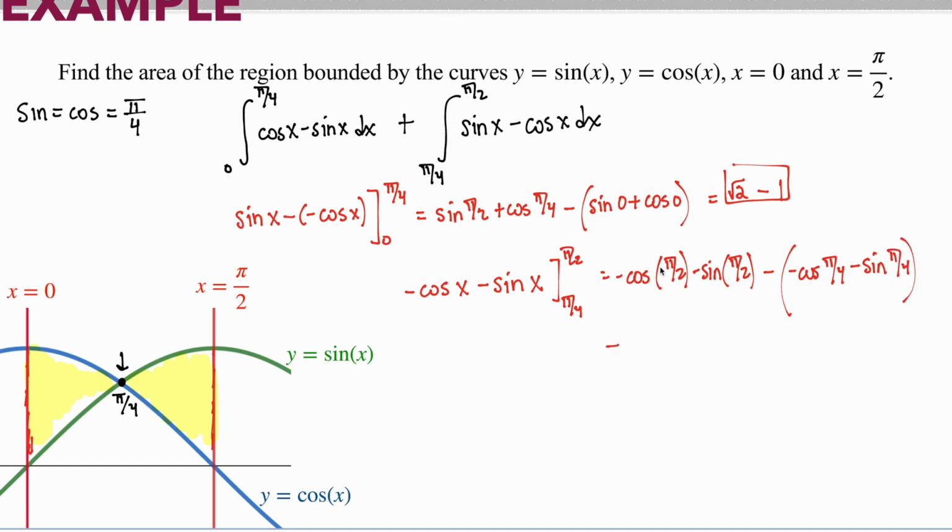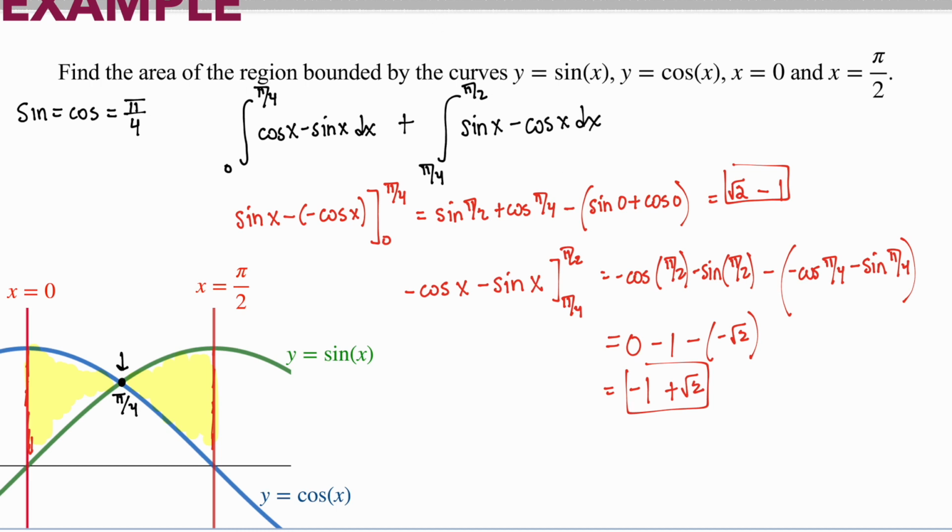So negative cosine at pi over 2 is just 0 minus 1, because sine at pi over 2 is 1. And then in here, I have a negative cosine at pi over 4 minus sine. So this is a negative square root of 2. So I will get a negative 1 plus the square root of 2.